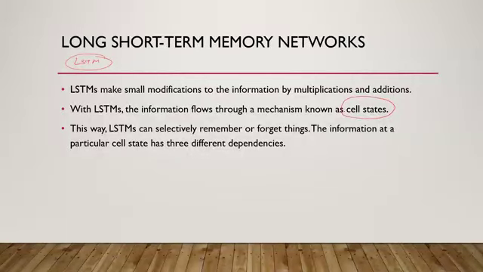If it is useful, then it will pass it to the further network. If it is not useful, it will just discard that particular information. And all this information flow will be controlled by these cell states, or we call them gates.